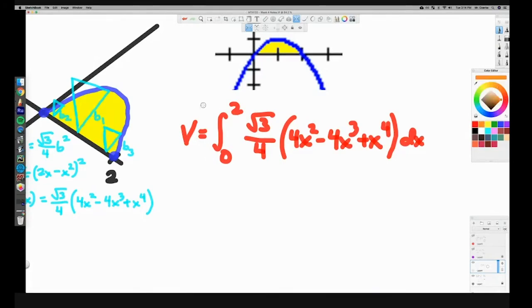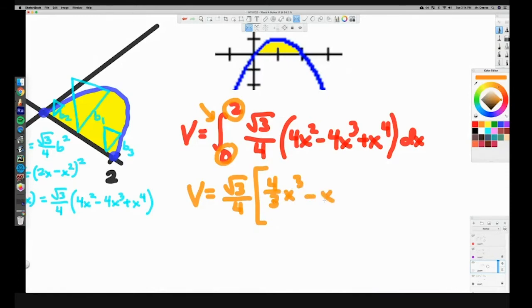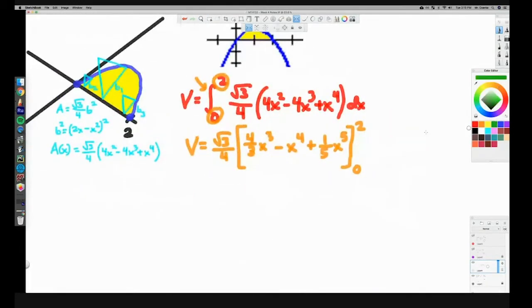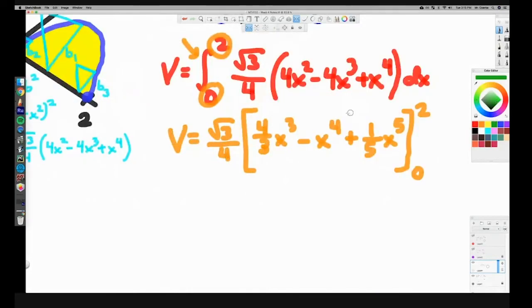Remember, this means antiderivative, plug in 2, plug in 0, subtract. So we're going to have root 3 over 4. I'm going to do the antiderivative real quick here: 4/3 x to the third minus x to the fourth plus 1/5 x to the fifth. And we're integrating that from 0 to 2. Awesome thing about 0, again, all that's going to be 0, so it works out. So now we just have to worry about plugging in 2.